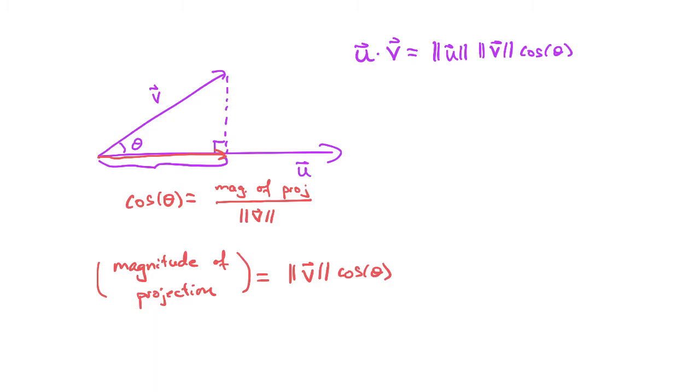If we rearrange that expression a little bit, u dot v divided by the length of u is equal to the length of v times the cosine of theta, and that in turn is equal to the magnitude of the projection.